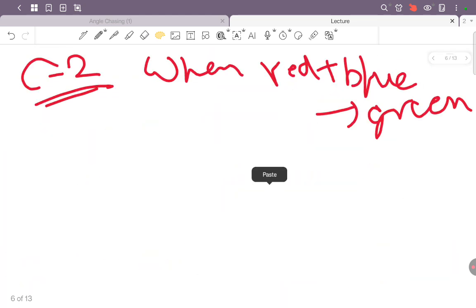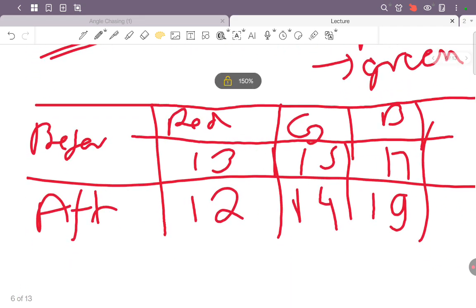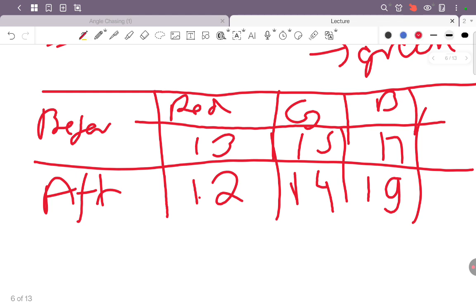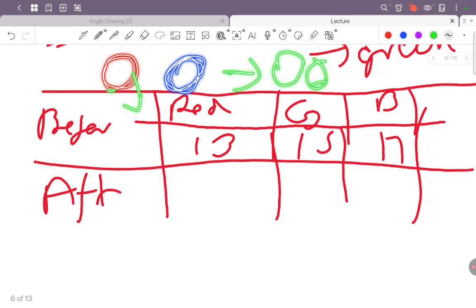Okay, yeah, that's good. Now let us see. So what happens: 1 red plus 1 blue becomes 2 green. So red will decrease by 1, blue will decrease by 1, and green will increase by 2.